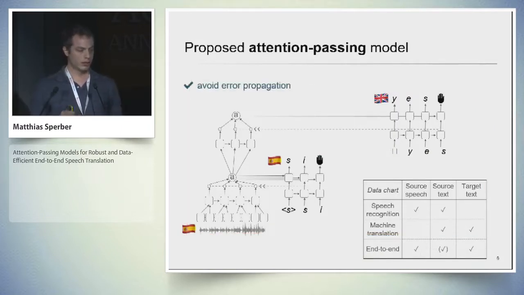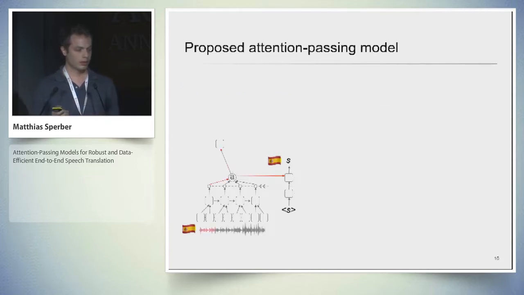And in addition to that, we try to work around the error propagation problem, and to see that, let's take a look at what exactly is happening in the model. So the basic idea is, instead of passing on hidden decoder states to the translation stage, we pass on attention context vectors.